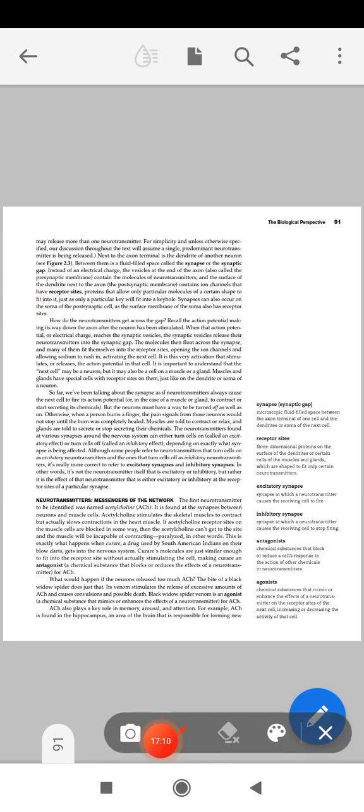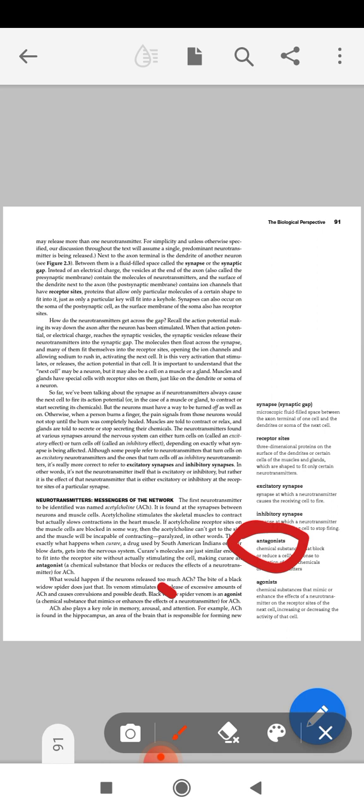Curare will act as an antagonist to the acetylcholine, whereas the venom of the black widow spider will act as an agonist to the acetylcholine.